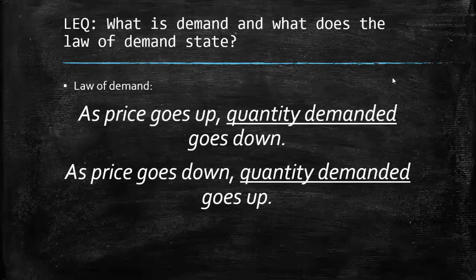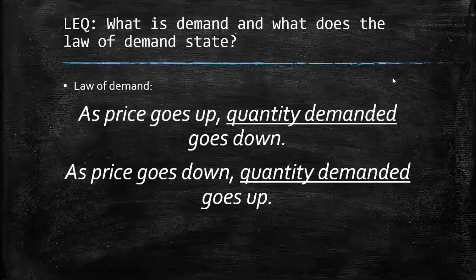Guys, does that not make sense? As things get more and more expensive, people buy less and less of them. As things get cheaper and cheaper, consumers demand, let me use more economically appropriate terms, consumers demand more of them. As price goes up, quantity demanded goes down. As price goes down, quantity demanded goes up.